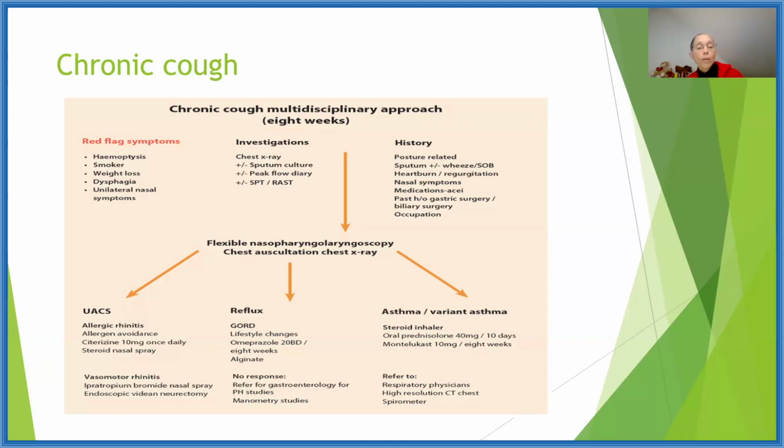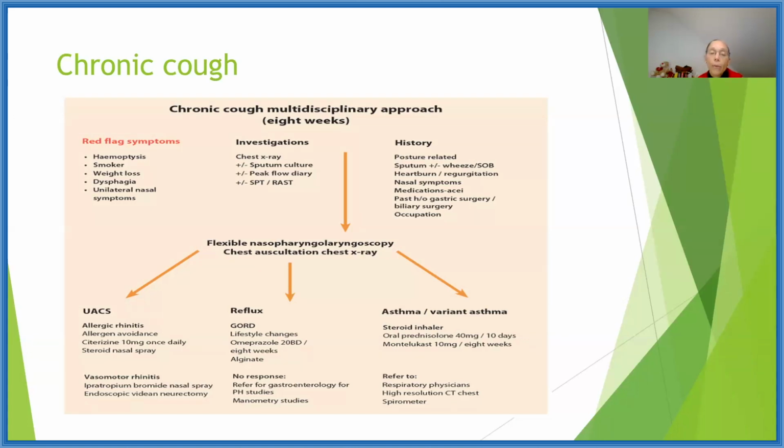Depending on the situation, if we're thinking that someone basically has allergic rhinitis and postnasal drip, treatment will involve allergen avoidance, antihistamines, and use of nasal steroids. If we're thinking that we have someone who is dealing with reflux, we will do some counseling about avoiding some food that can trigger those episodes of heartburn.